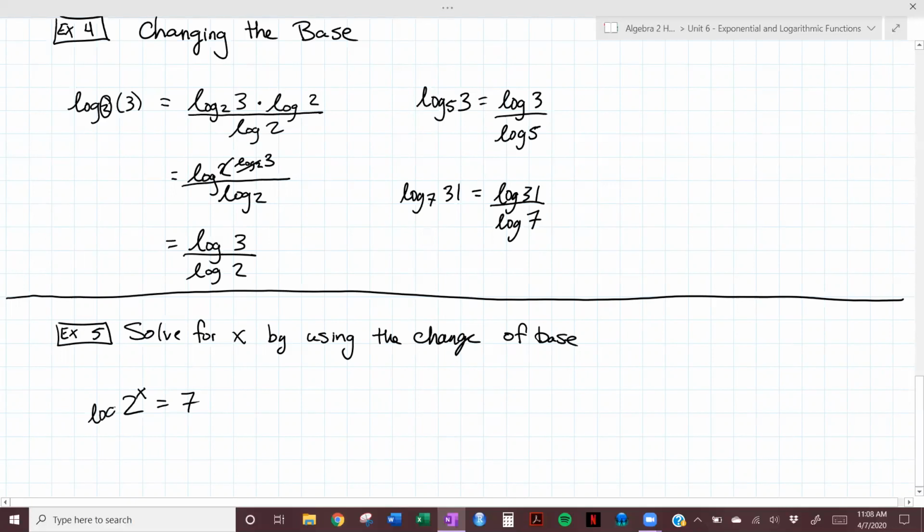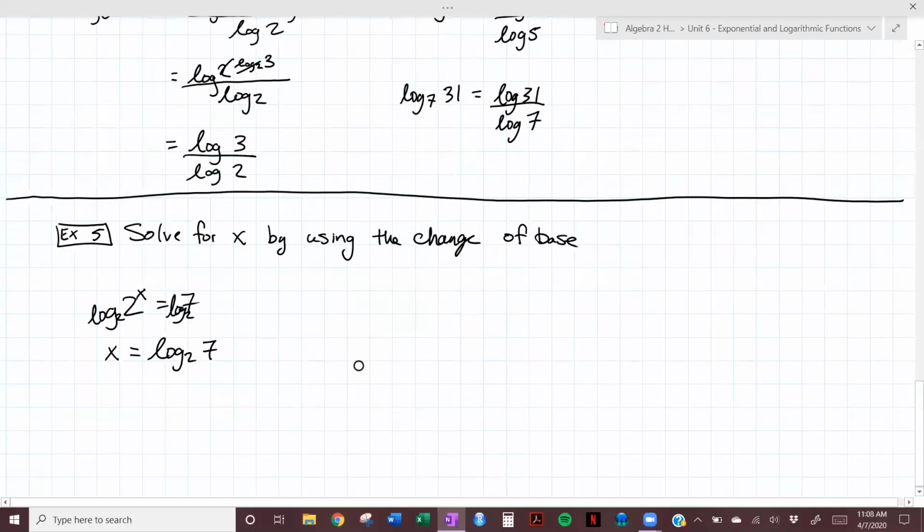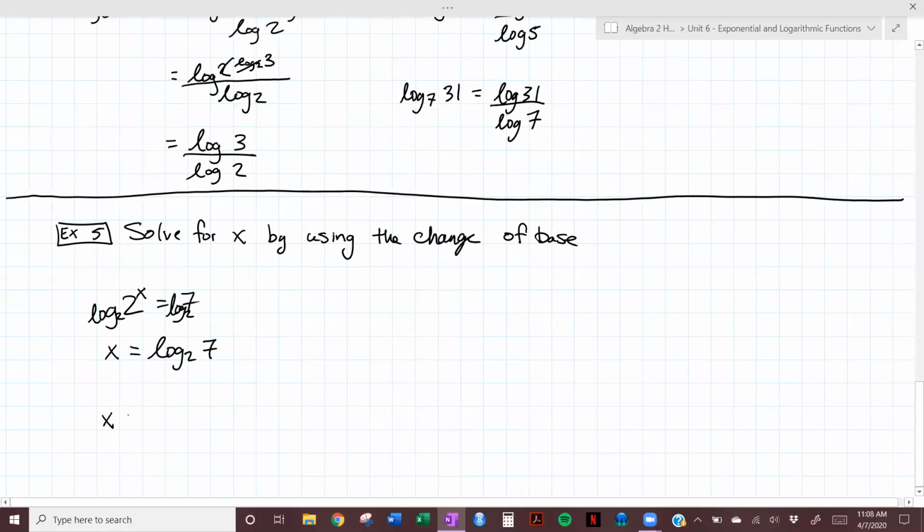We take the log, so this becomes x equals log base 2 of 7. And how do we do this using change of base? This is just x equals log of 7 divided by the log of 2.